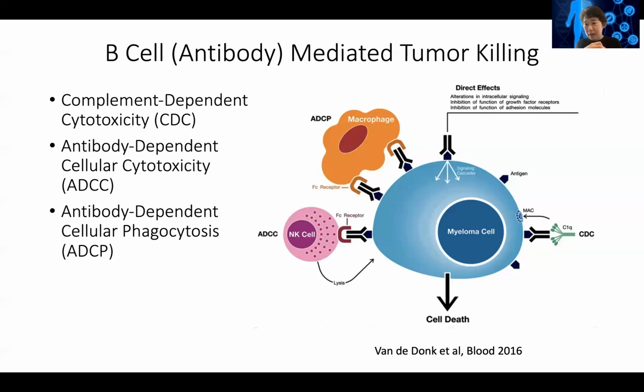This is especially useful when you have a bacteria that is really foreign, and the macrophage will eat up the bacteria and then chew it up and spit it out and present those onto the cell surface. And so you can see B cells don't necessarily directly kill, but through CDC, ADCC, and ADCP, they can recruit other members to do the killing.